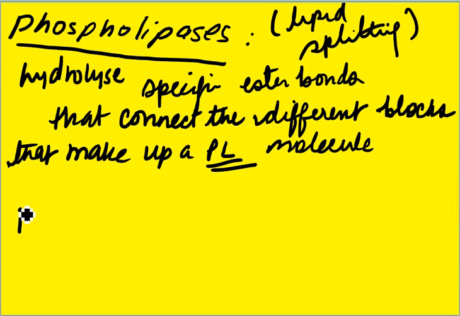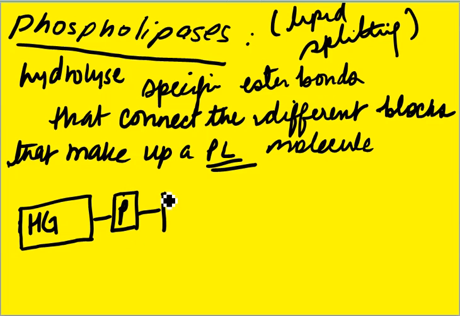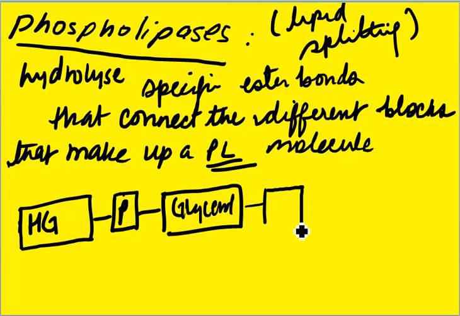A phospholipid molecule starts off with a head group attached to a phosphate, attached to a glycerol, attached to two fatty acids.